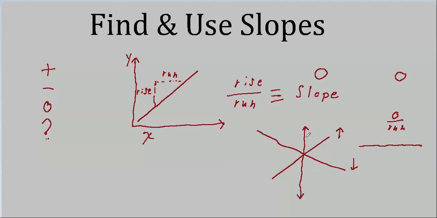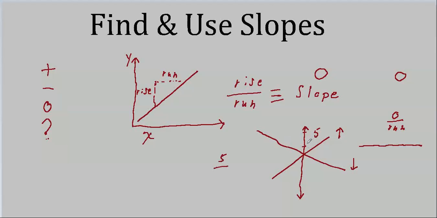Well, with the vertical line, what's the rise? Well, it's over the run. Now let's pick some section here. Let's say that section is 5 units up. Okay, there's 5. So there's the rise. So when we compute the slope, we get 5 over, and how far did we go to the left or right? Well, we didn't.